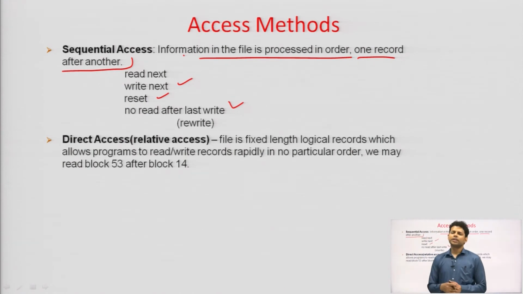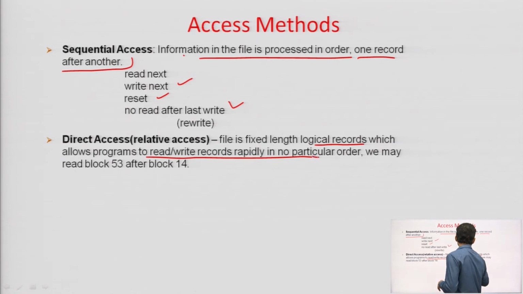Another method is direct access, also known as relative access. In this, the file is made of fixed length logical records, which allows a program to read and write records rapidly in no particular order. So we may read block 53 after block 14.